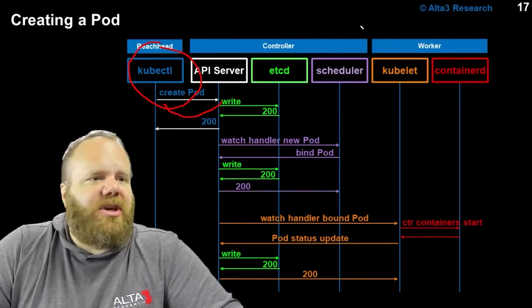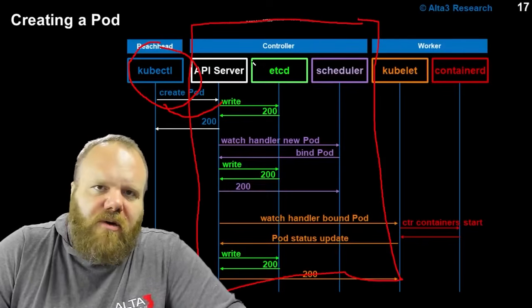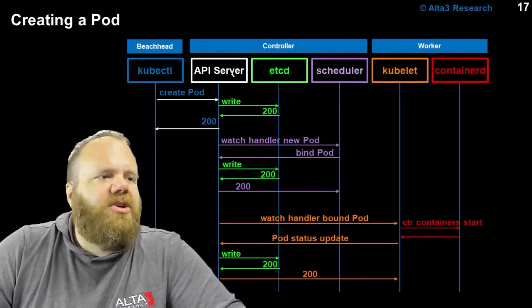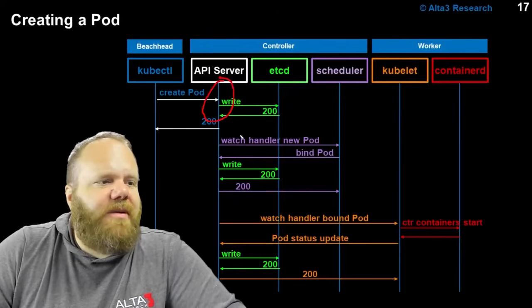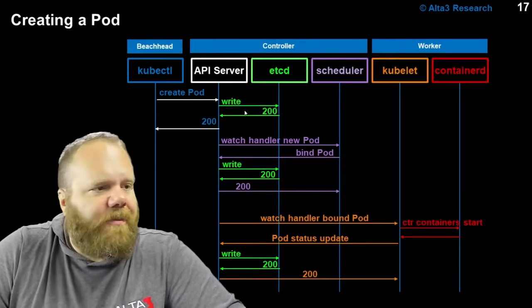So that information is taken to the controller in this east-west diagram. You can see that right here, which of course is received by the API server. You can see just how much traffic goes to this API server. It's quite popular.